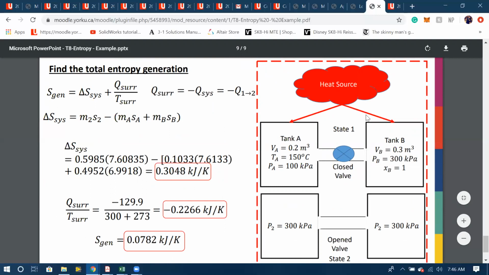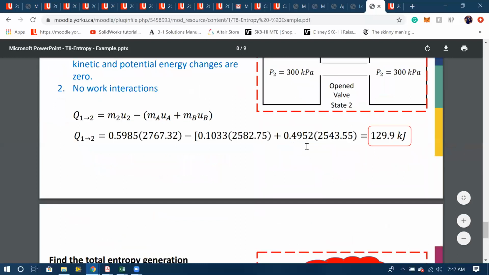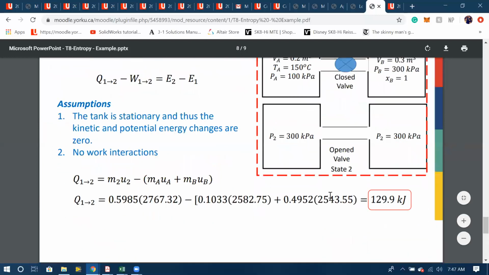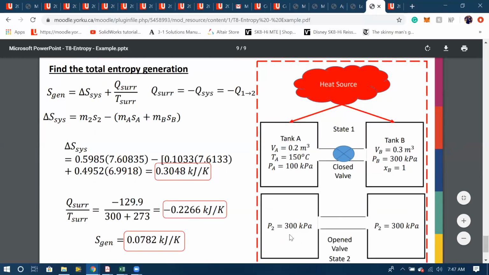The surroundings are losing heat, and Q surrounding has a direct impact on Sgen because it's in the formula. So if Q surrounding is negative, given this system, that Q is being lost by the surroundings to the tanks, it's negative. If we were just studying this system over here, then Q is obviously positive because Q in. Over here, there's Q out from the heat source.